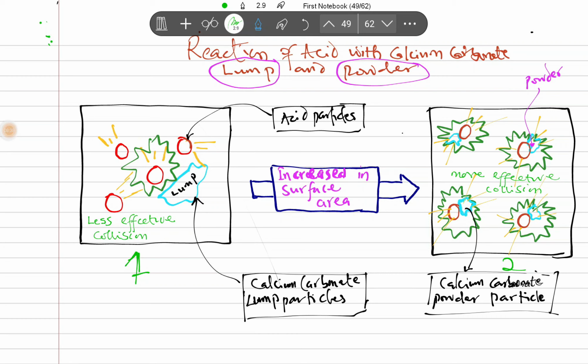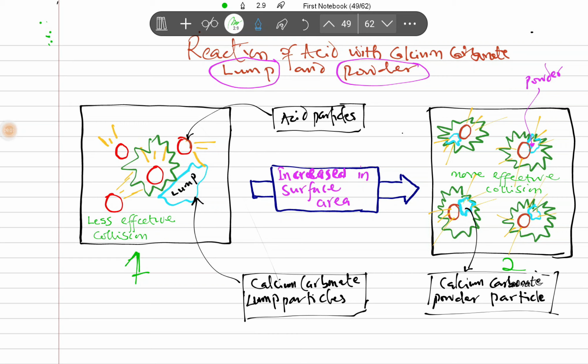Increase in surface area leads to increase in frequency of collision, and this brings about increase in the chance of having effective collision, which eventually results in an increase in the rate of chemical reaction.